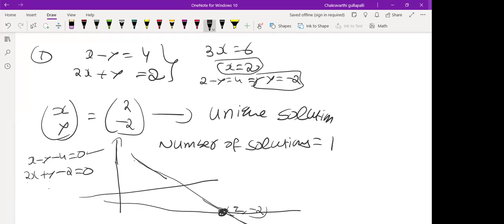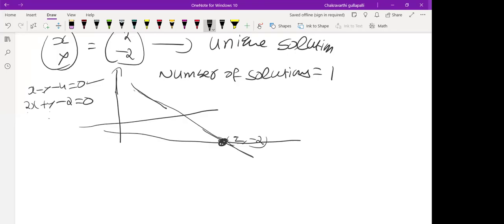Ma'am, show the graph with the numbers. I mean, give numbers and show the graph. It is confusing. You can do it, no? Yes, teacher. Otherwise, I will not draw the axis. It takes time, a waste of time. This is one straight line, this is another straight line. Both are intersecting at this particular point.